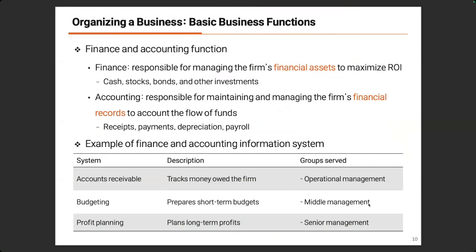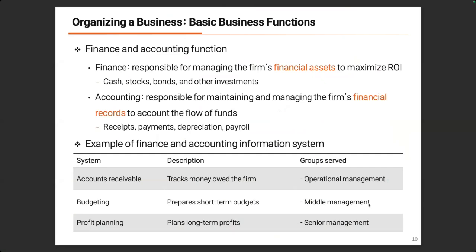Below is an example of a finance and accounting information system. The operational management uses the accounts receivable system to track money owed the firm. They use this system to track the flow of funds in the firm through transactions, such as paychecks or payments to suppliers and receipts.